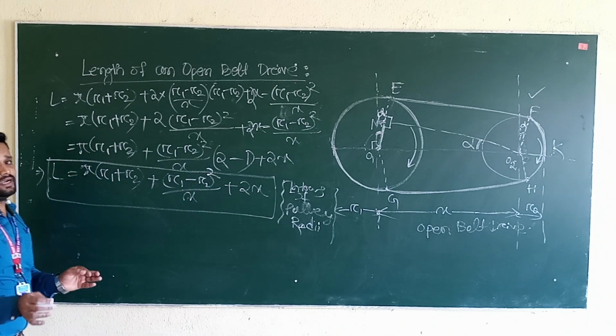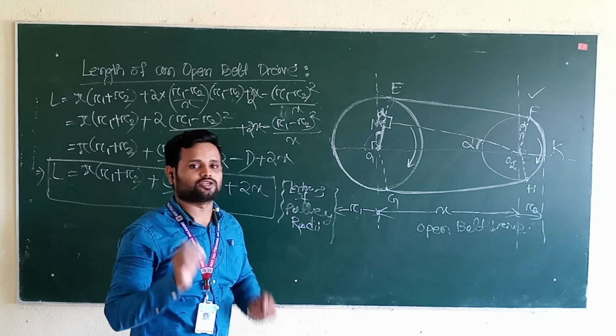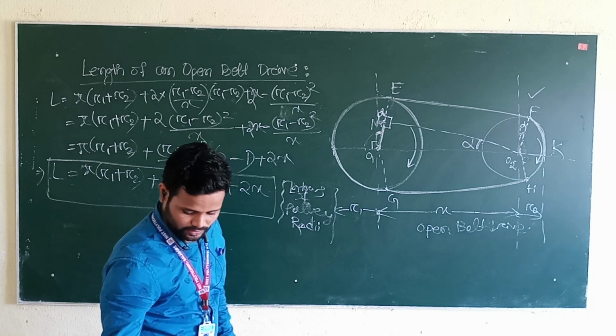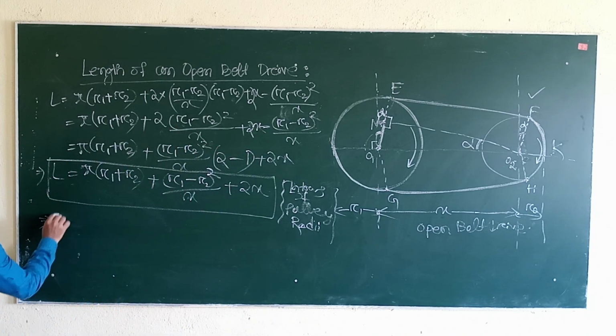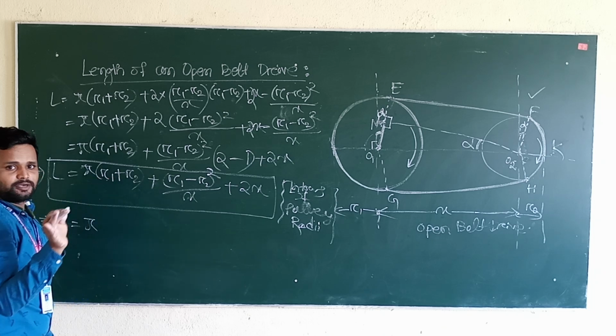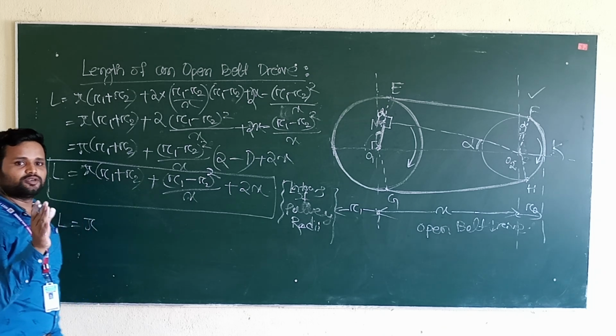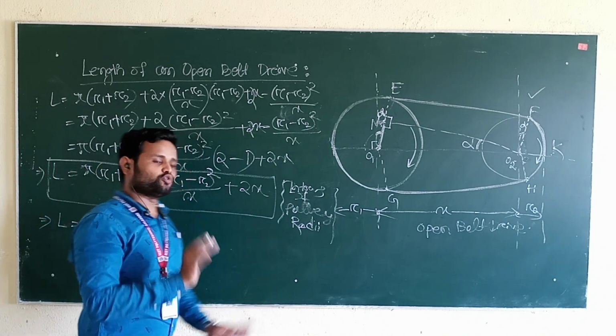Then, if we calculate the length of an open belt drive in terms of pulley diameter, if the pulley diameter is given, then what is the value of the length of an open belt drive? We can write L equal to pi, in case of radius we can write diameter. What is the diameter? Diameter is twice the radius, or radius equals diameter by 2.